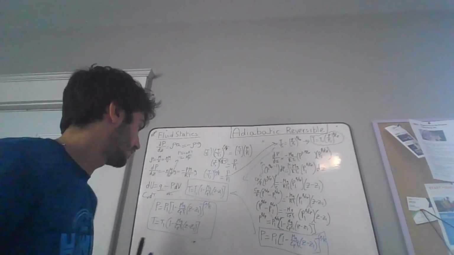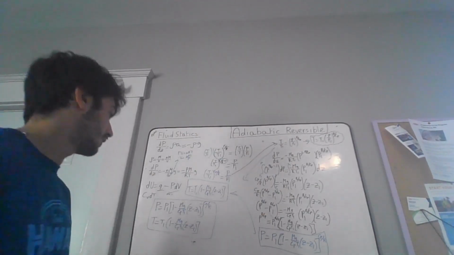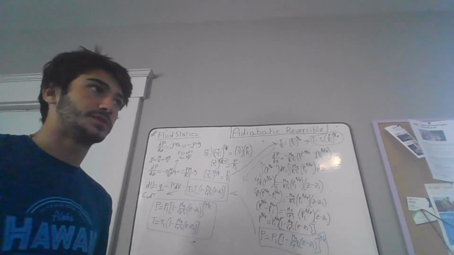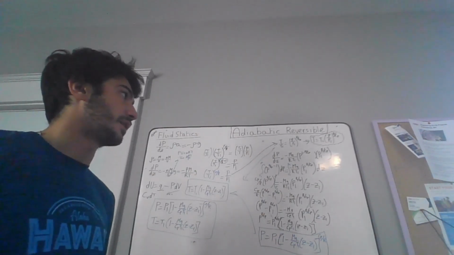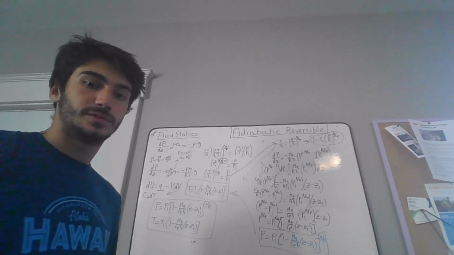There we have it. Those are our two derivations for the pressure and temperature with respect to the increase in altitude. There you have it.